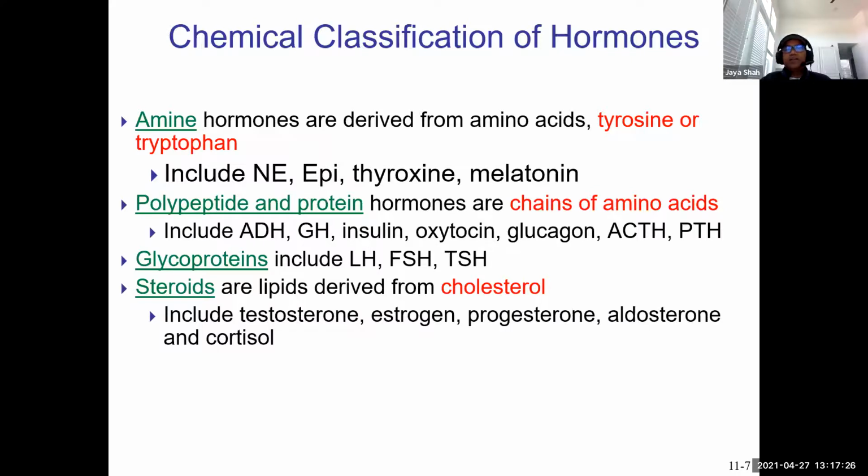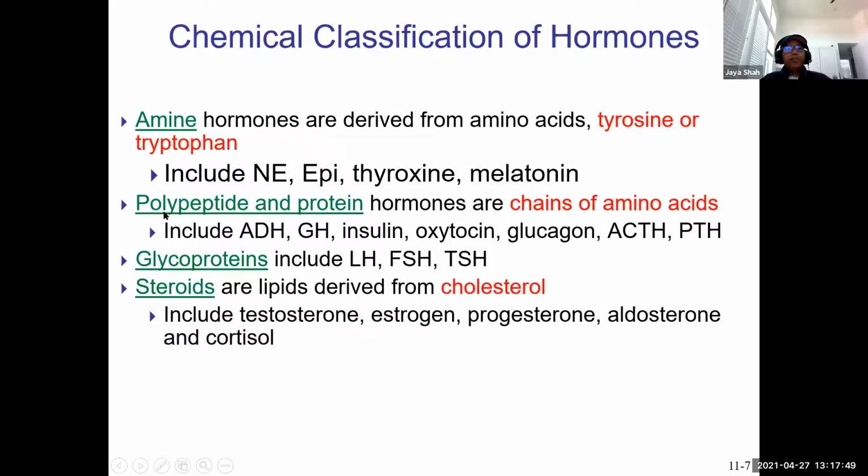So these are the amino acids, tyrosine and tryptophan. Hormones which are made from tyrosine or tryptophan and are amine hormones are norepinephrine, epinephrine, thyroxine, and melatonin.